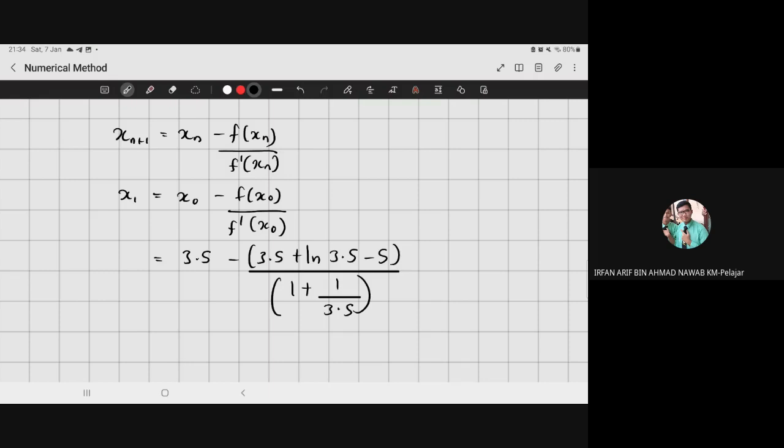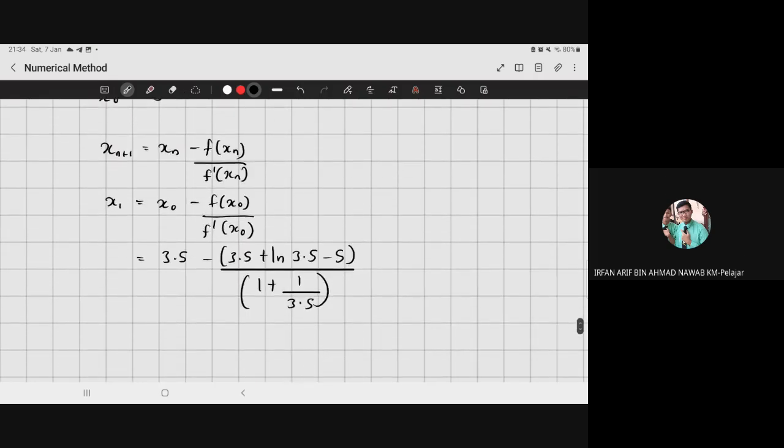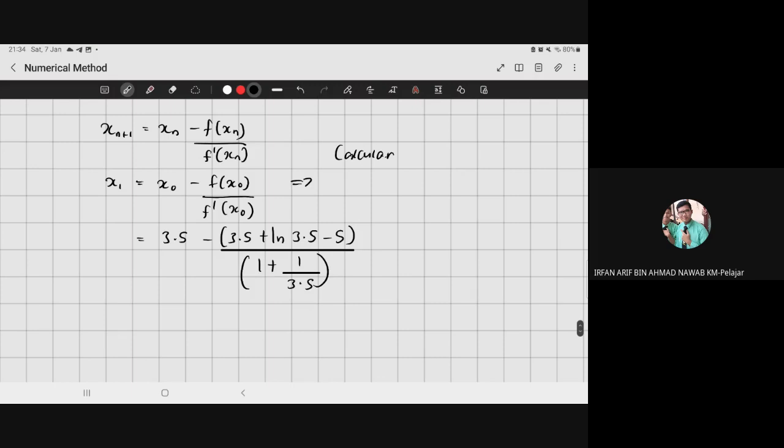So my advice is, in your calculator, you have to write the equation. I think it will be very useful if you have a calculator 570EX. So just create an equation.